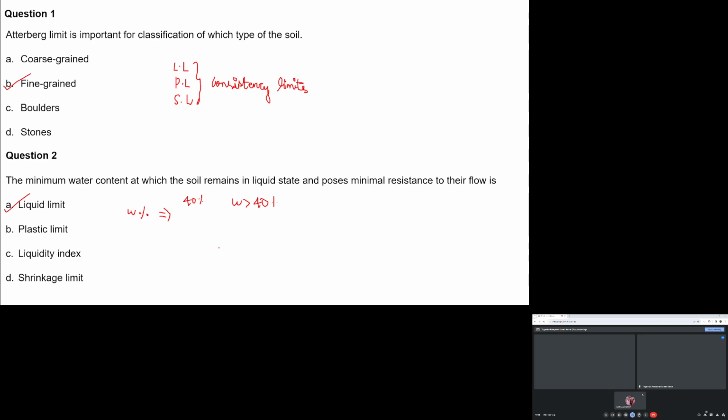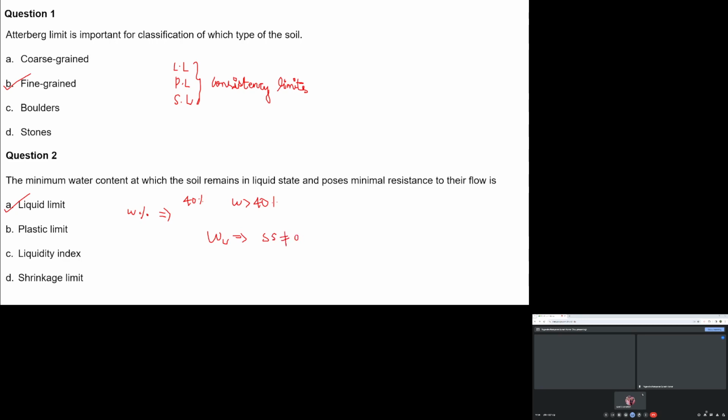Can you guess? Zero. Here there is a one. So at this liquid limit state, at exactly this water content at liquid limit, shear strength will not be zero.